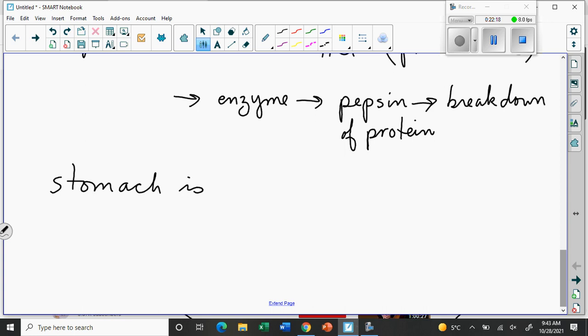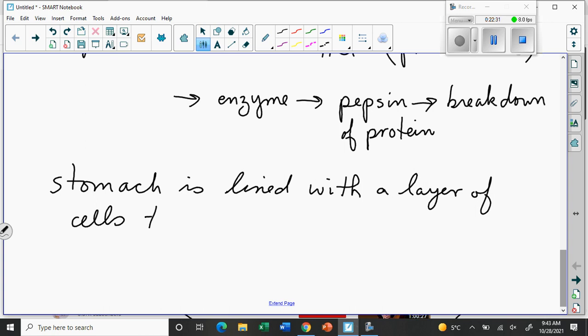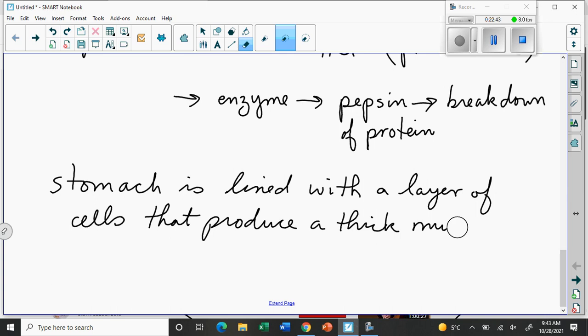The stomach is lined with a layer of cells that produce a thick mucus. Basically just a thick, slimy goo, mucus. And the mucus serves as a protective layer to protect the stomach against its own acid.